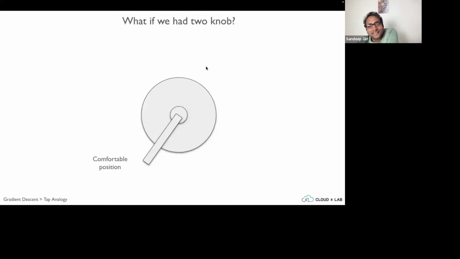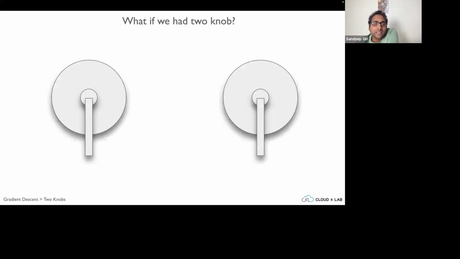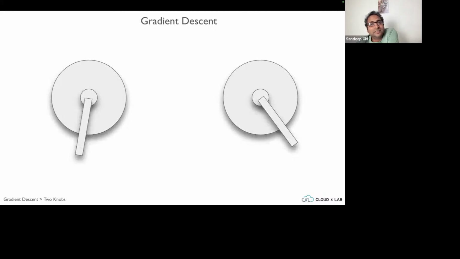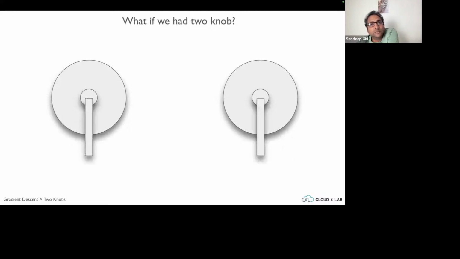All right. So what if you had two knobs? Two knobs in the bathroom. You don't know which one is for what. All you know is that there are two knobs, and all you want is good temperature and the flow of the water. So you twist these knobs one at a time.